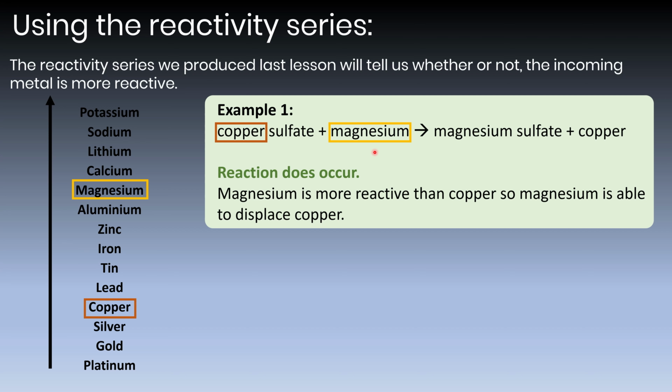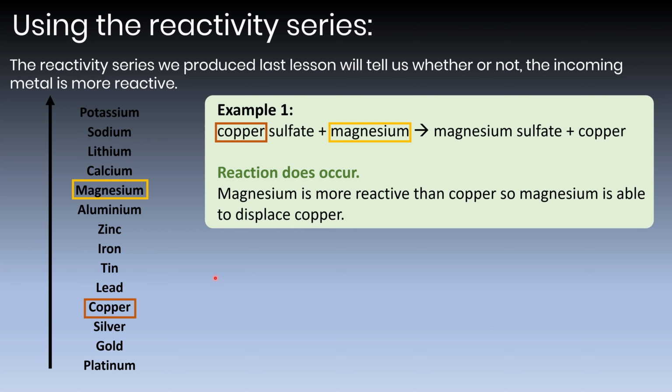Don't just say it's higher on the reactivity series, so it happens. Say magnesium is more reactive than copper, so magnesium is able to displace copper. So you need to name those metals frequently and compare their reactivity explicitly. Don't just talk about being high or low on the reactivity series.